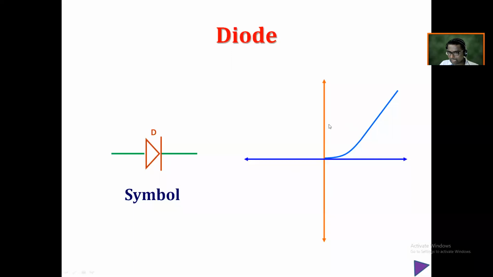But if you see the characteristics of a diode, here I have drawn the characteristics of a diode. From this starting point, now this is the 0 point, if you see up to this point, we increase the voltage but the current does not increase in proportion with that voltage.